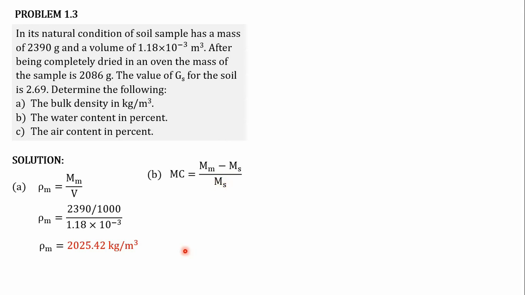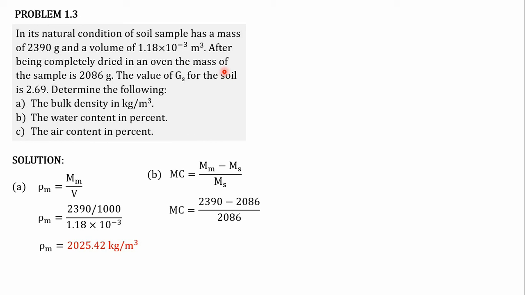Okay? So therefore, the mass of moist is equivalent to 2390 grams minus, after being completely dried in an oven, the mass of the sample is 2086 grams. Meaning dried soil siya, no? Kung dry na siya, yung in terms into mass, ang i-consider lang natin is yung mass ng solid particles.